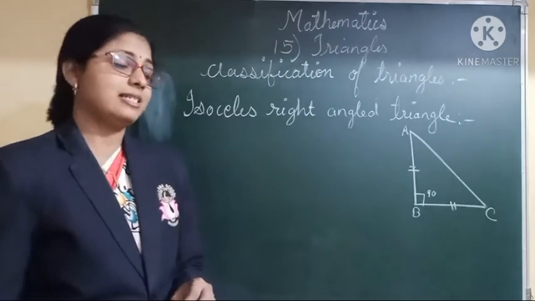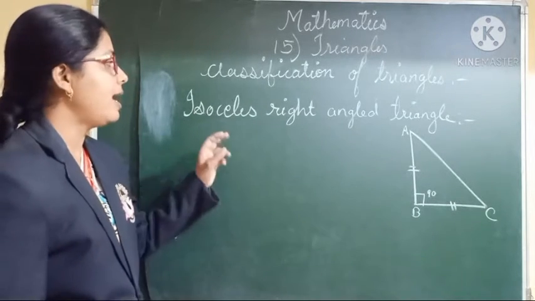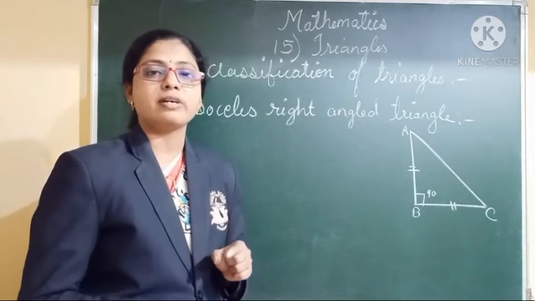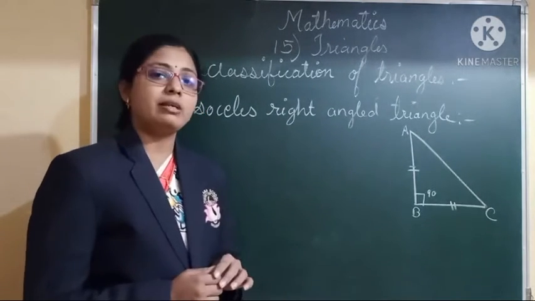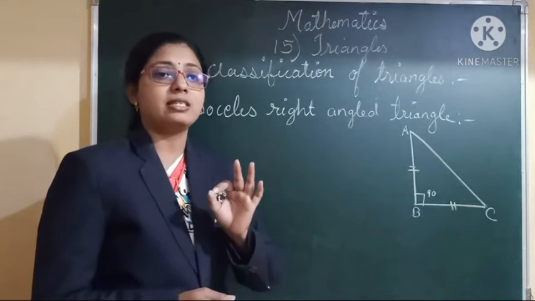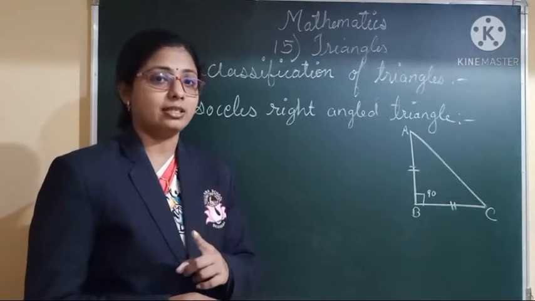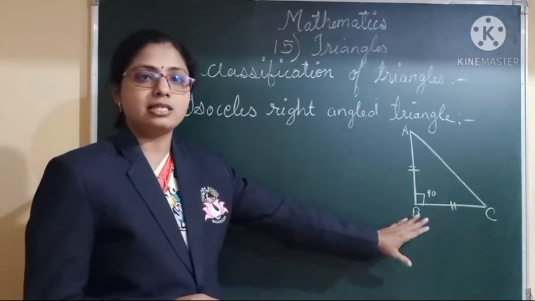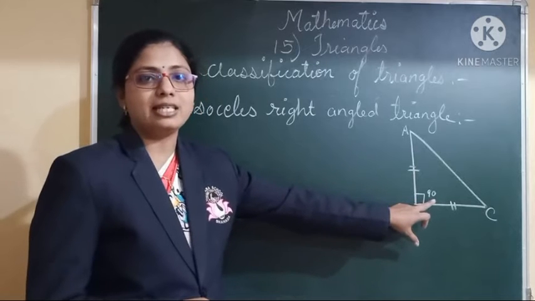Now, the next type we are going to see is the isosceles right angle triangle. There can be the possibility of an isosceles right angle triangle. Wherever it is said right angle triangle, that means there will be at least one angle of 90 degrees. You can see here in the diagram, ABC is a triangle where at vertex B a 90 degree angle is shown.